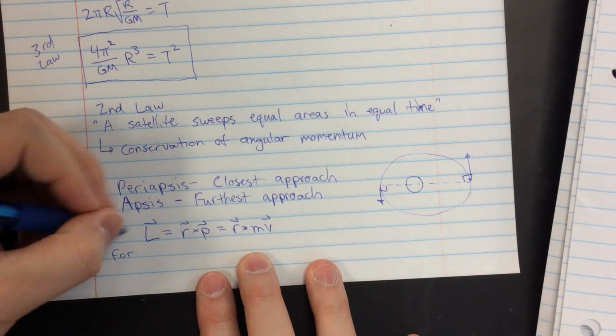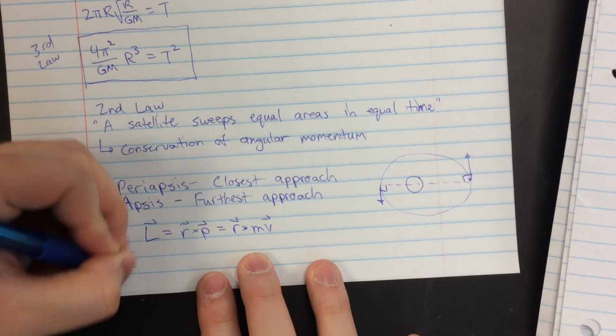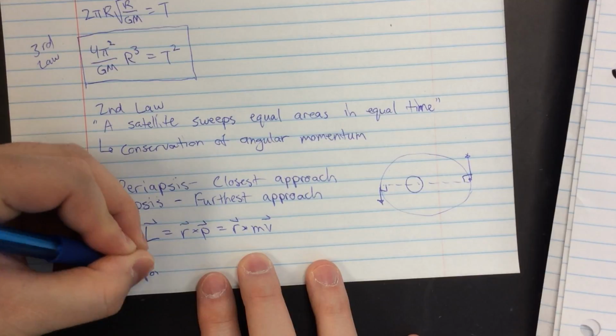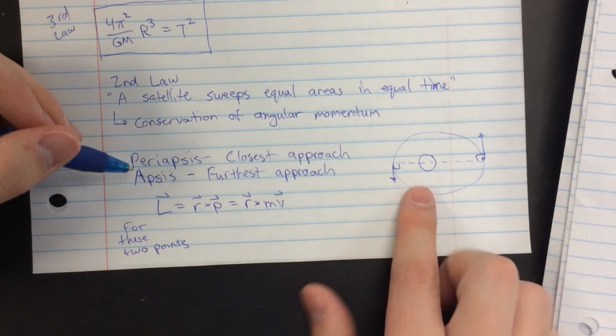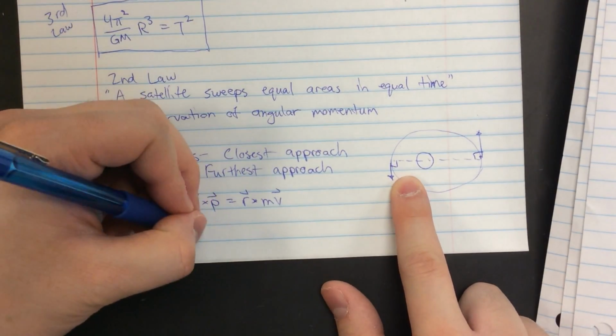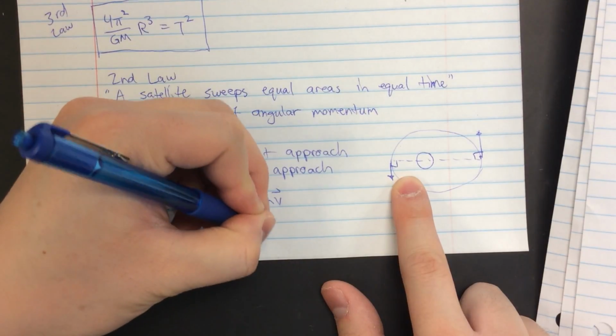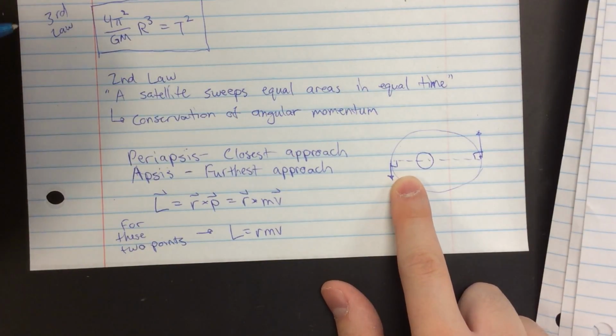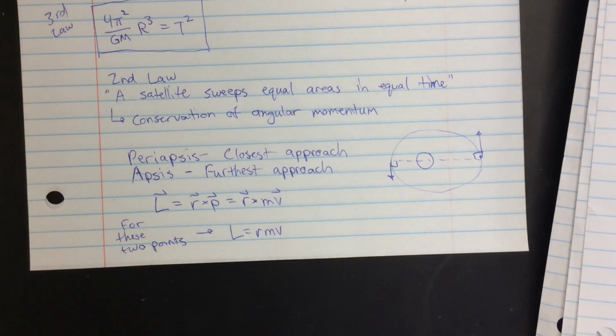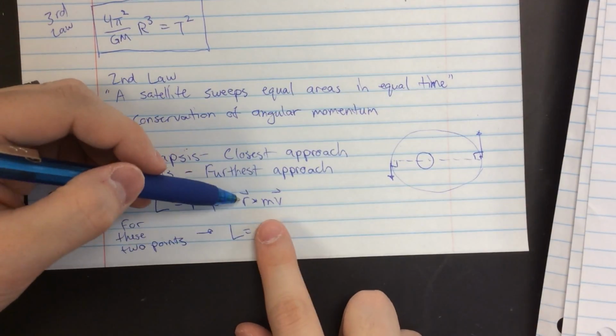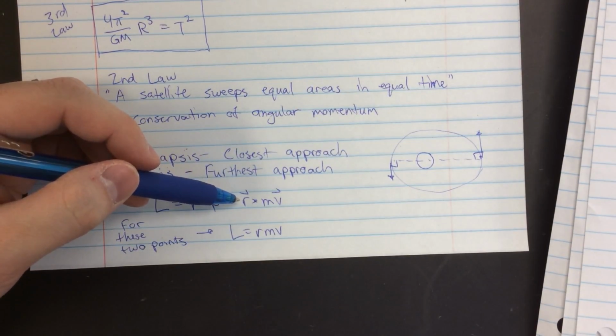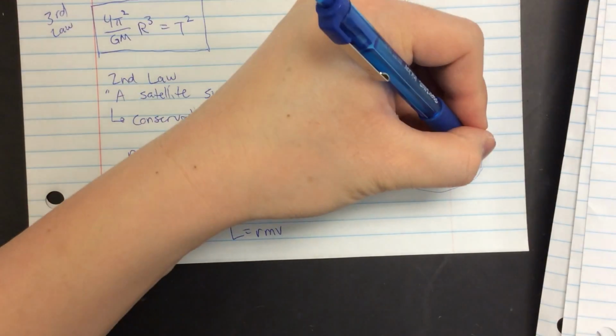For these two points, because it's at 90 degrees, it works out nicely that your angular momentum is just r times v. Because when you take the cross product, you're looking for how much one vector is perpendicular to the other vector. At those two points, they are perfectly perpendicular.